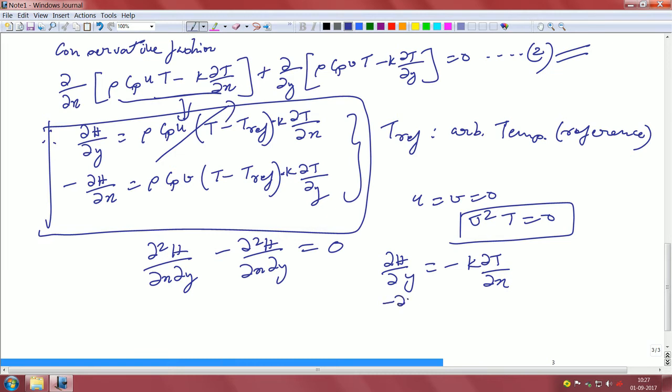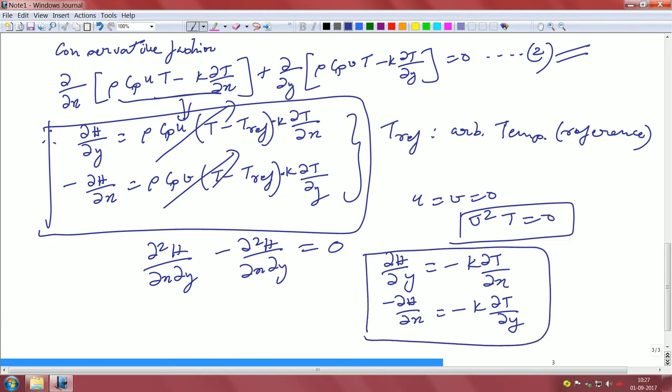Similarly, minus dH/dx becomes equal to minus k dT/dy, because this term will be gone. Again you will find that this identically satisfies the conservation equation, because there is no velocity component.